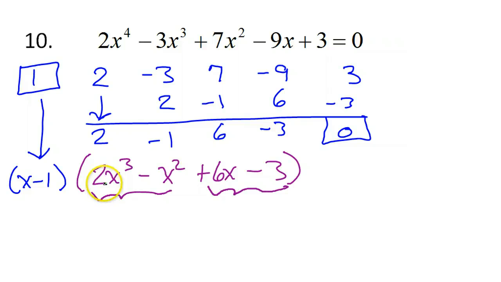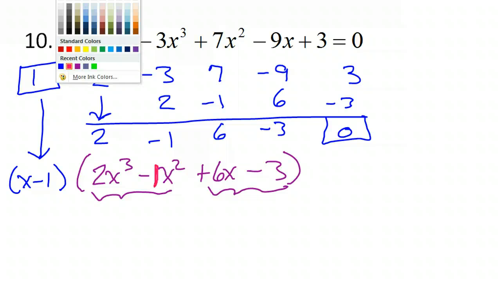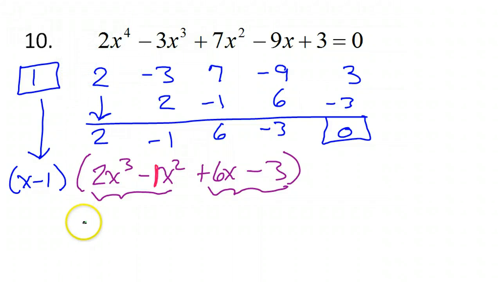So common factor here, the only thing I've got really is the x squared. Okay, it will be helpful to you if you look at this as 1x squared, so there's something you can see left behind when I take the x squared away, because that's what I'm going to do. So I've got x squared out front of some parentheses, and that's going to leave behind 2x minus 1.